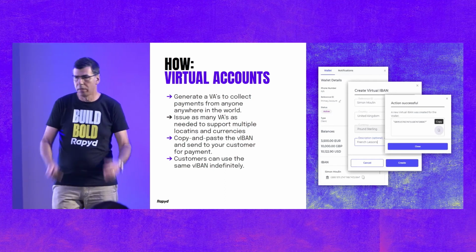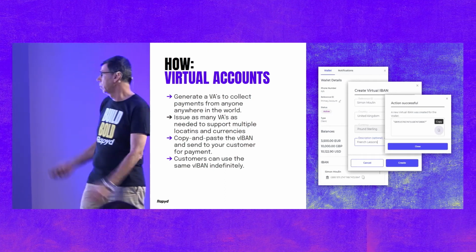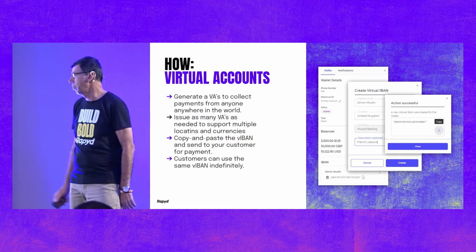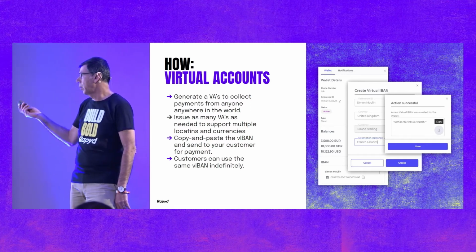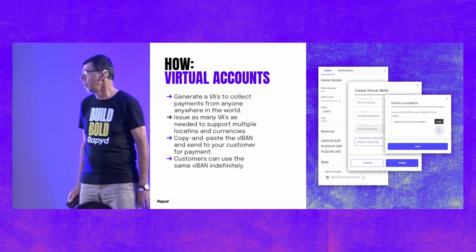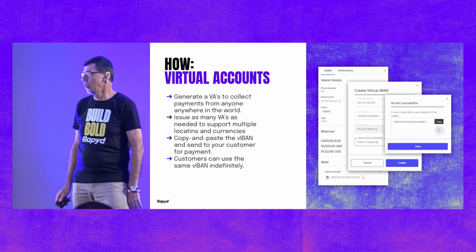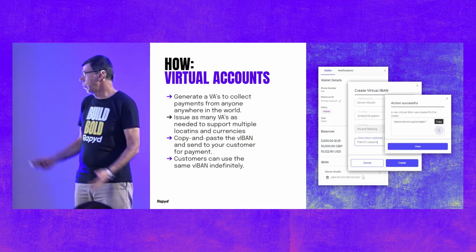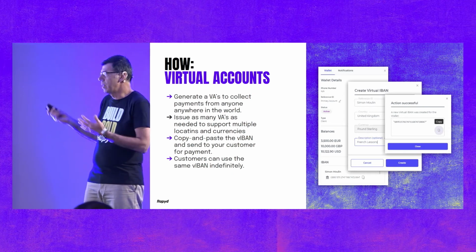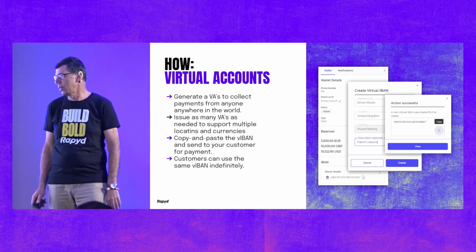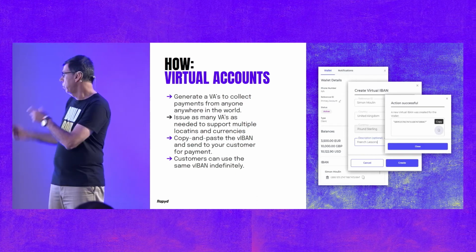Again, as I said earlier, issuing a virtual account can be done on the Rapyd client portal in a couple of clicks, and you can get any virtual account in any currency associated with your Rapyd account. You can issue as many virtual accounts as needed. You just take this virtual account.